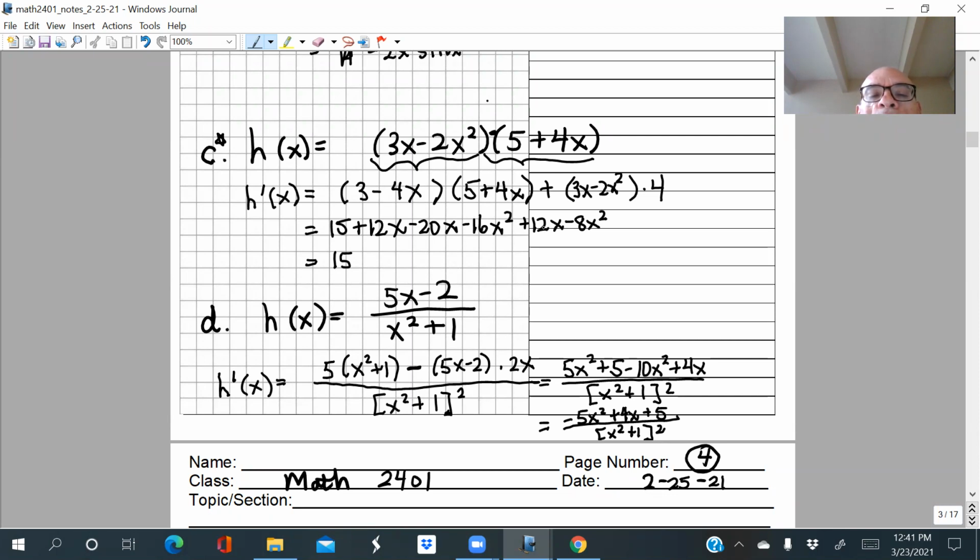So that's 24x, but then we're subtracting 20x from that. So it looks like we end up with just positive 4x for the x terms. And then you get minus 16x squared minus 8x squared, that's minus 24x squared. So there's our simplified version of the derivative.